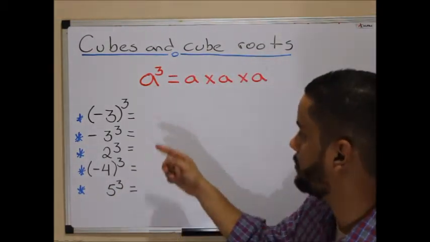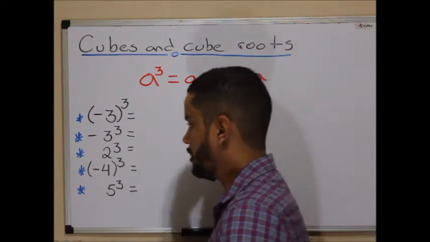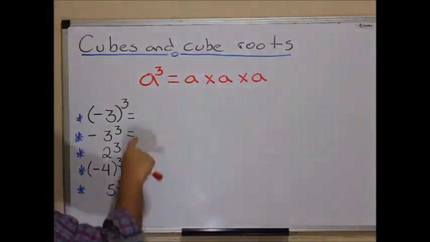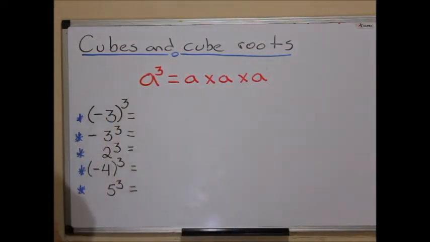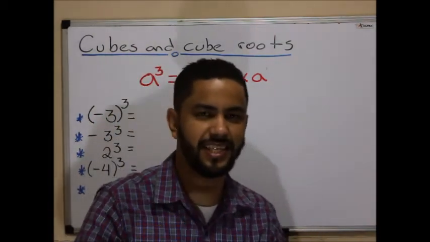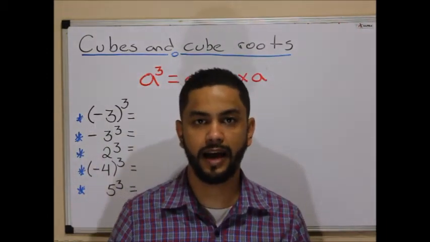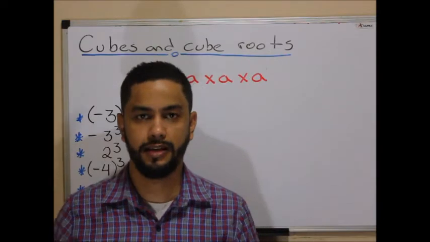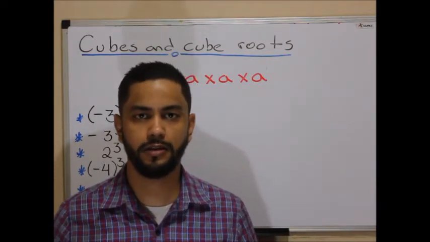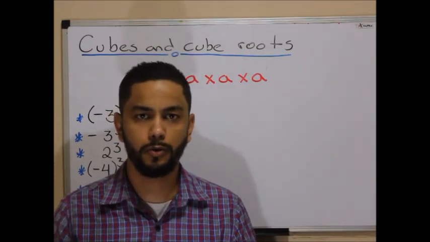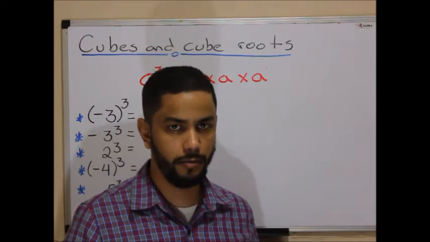So let's go to some examples. We have the cube of -3. Our negative is inside the parentheses, so we're going to make the same distribution that we did with the square. Our negative must be inside the parentheses when we start to rewrite the number.